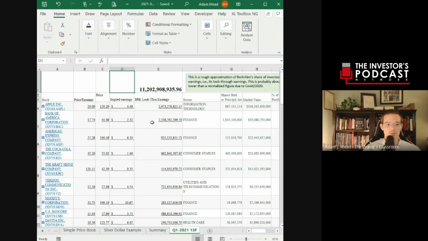So what I've done here is use Excel's built-in stock and analysis tools, which can give you the earnings of stocks and the current price, and I've given you this here. Again, using publicly available information, not making any adjustments to the financial statements of any of these companies, I'm looking through to Berkshire's share of its investees' earnings.